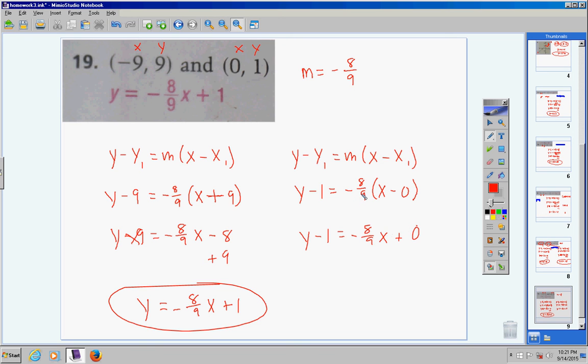And of course, 8 ninths times 0 is 0. And by the way, it's so easy to make little mistakes. I almost put 8 ninths times 0 is 8 ninths. So that does happen on tests and quizzes. And don't get discouraged. It can happen to anyone. 8 ninths times 0 is 0. Now bring your negative 1 over and make it a positive 1. And your final answer is identical to this answer. Y equals negative 8 ninths x positive 1.